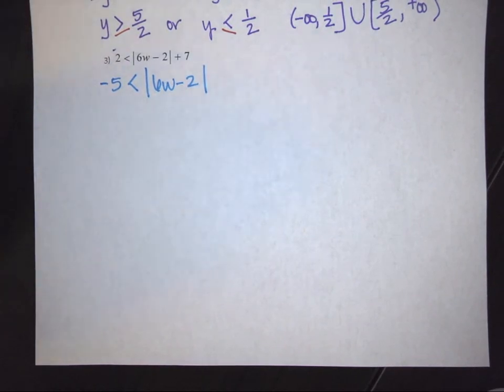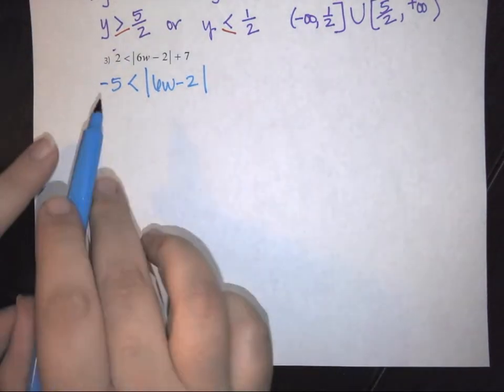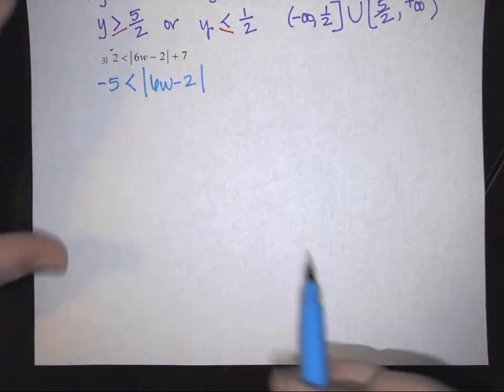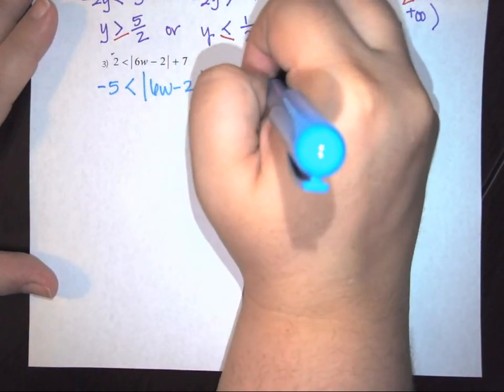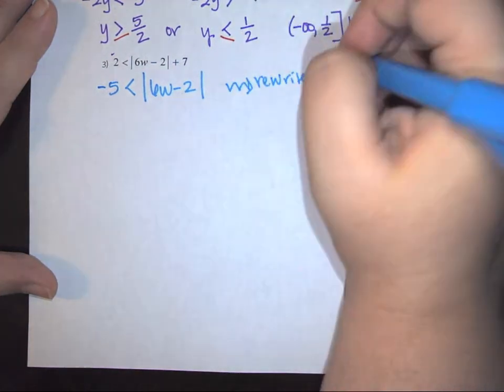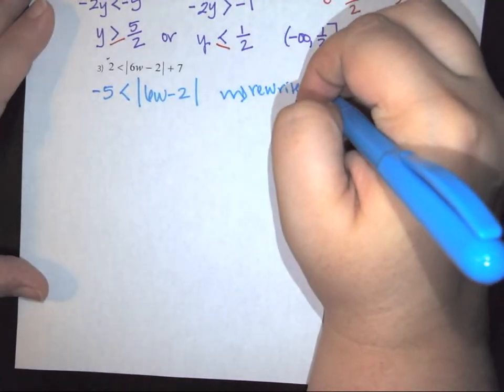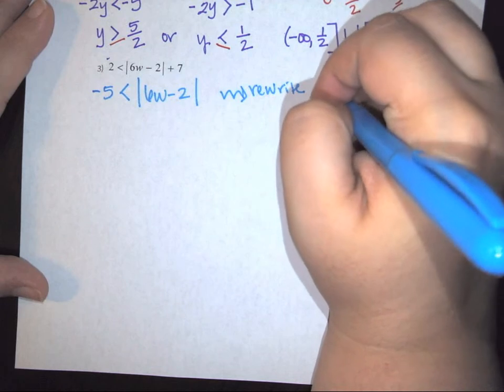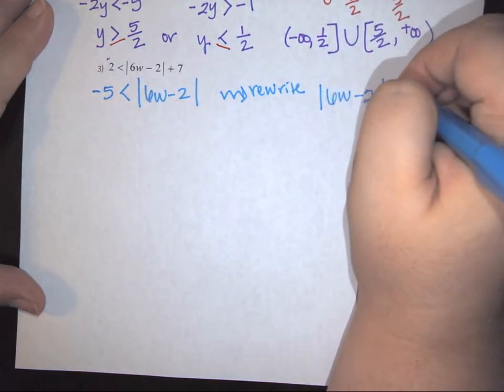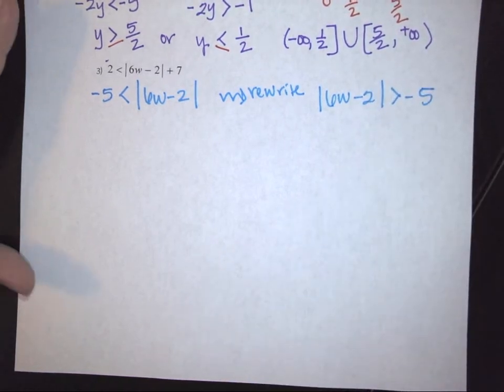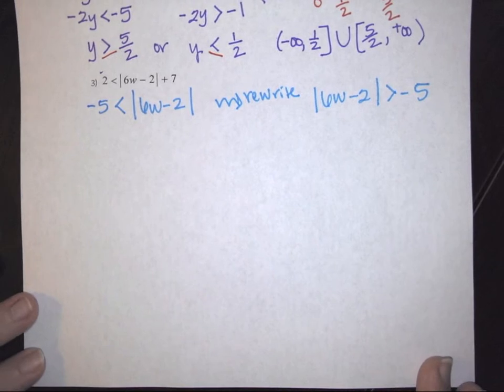Now, here is where I like to say you can leave your absolute value in this form, or you can rewrite by just simply shifting it around so that your absolute value is on the left and your constant is on the right. You're going to get the same answer either way. It just depends on how you like to look at it.